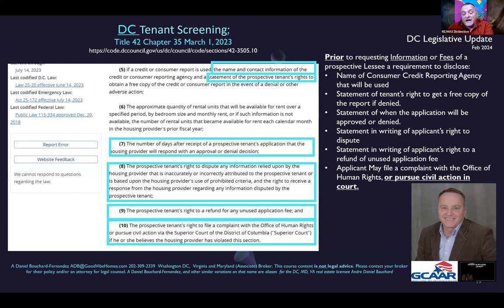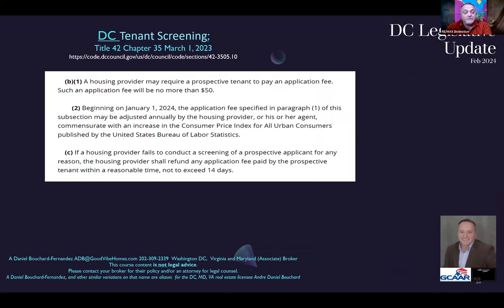Now, this is probably going to cause you some stomach ache, because now you're telling them, yes, you have a right to file a complaint against me or my landlord because we rendered a decision against you. And how many people are likely to use that as an opportunity to file some kind of discriminatory complaint against you? Hopefully not a lot, but there is a possibility. So you really need to be very, very careful about who and how you decline in the rental process.